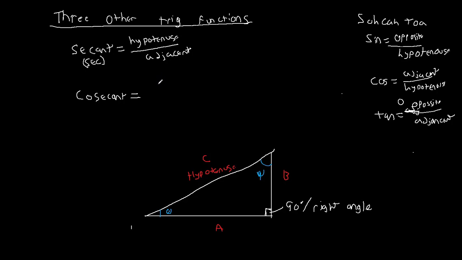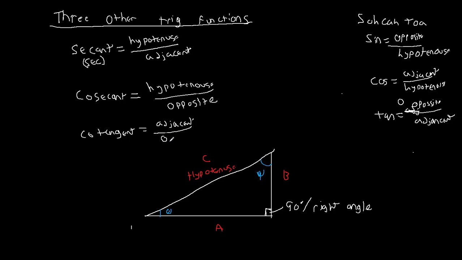So the cosecant is going to be hypotenuse over opposite. And then finally, we have the cotangent, which is going to be adjacent over opposite.